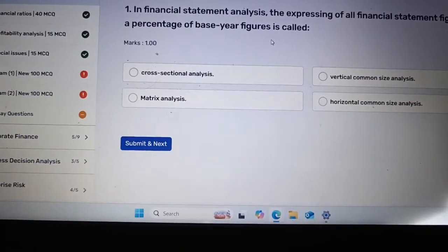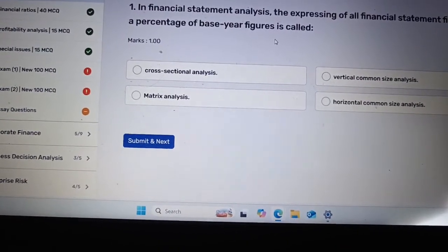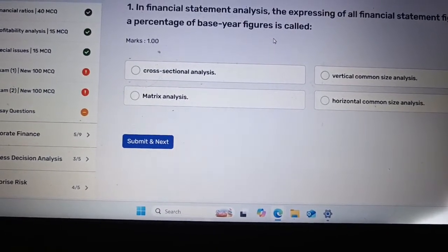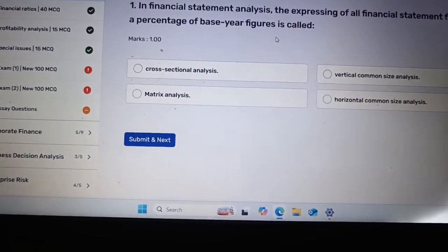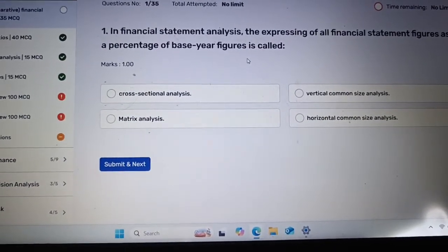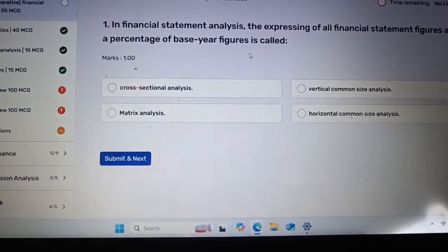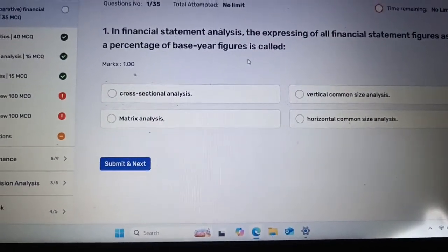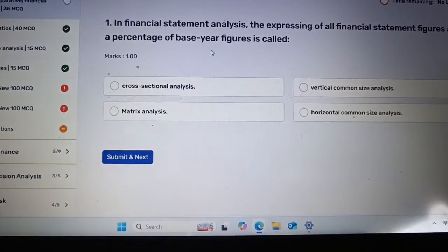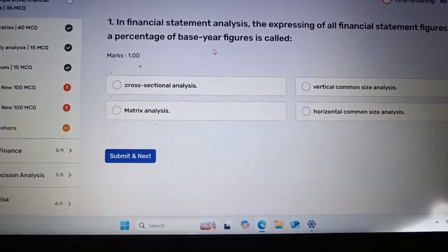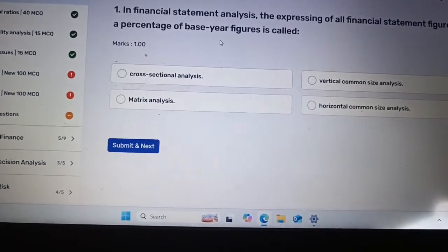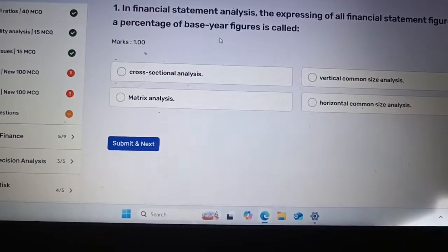Is it cross-sectional analysis, vertical common size analysis, matrix analysis, or horizontal common size analysis? There are four options, and as we are taking a base year and comparing all other statements on the basis of the base year, it is simply horizontal analysis.